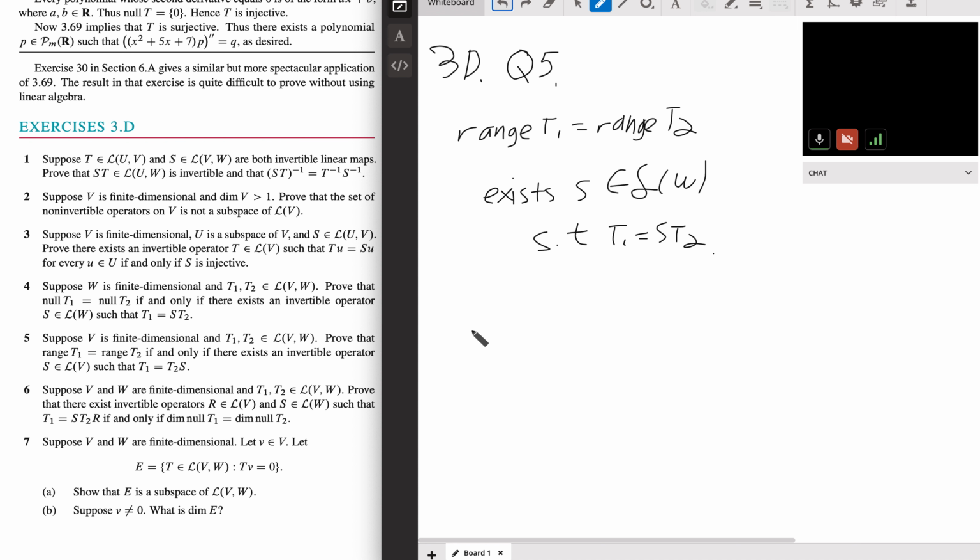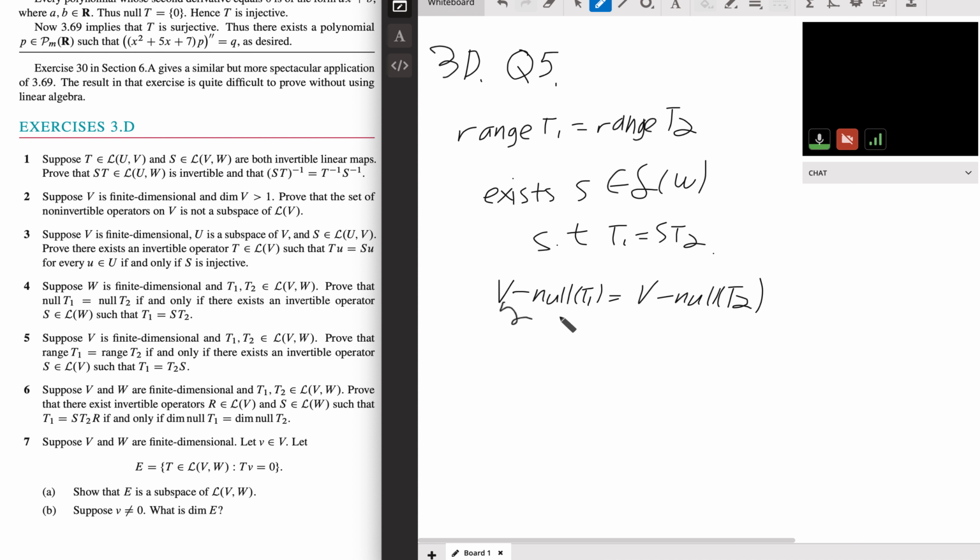Thinking about it that way, V quotient the null space, well, maybe quotient is another way of describing it, these two are the same, right?